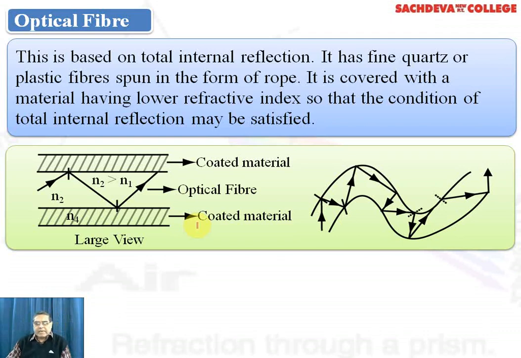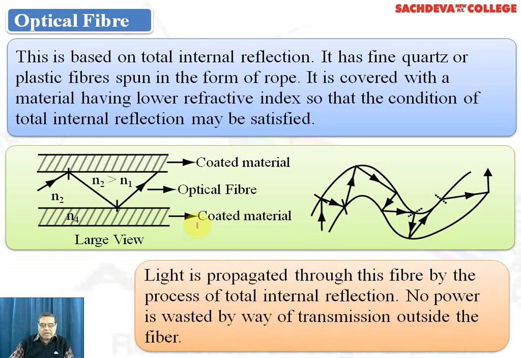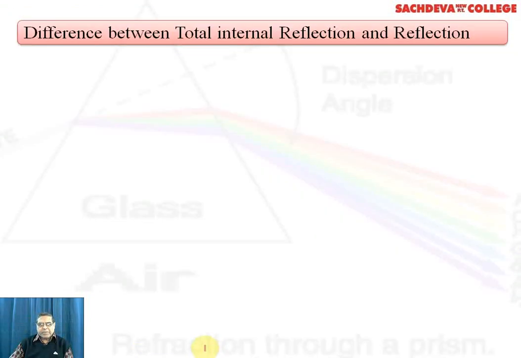So when light enters from one side, it comes out from the other side with very high intensity. Light is propagated through this fiber by a process of total internal reflection. No power is wasted by way of transmission outside the fiber.